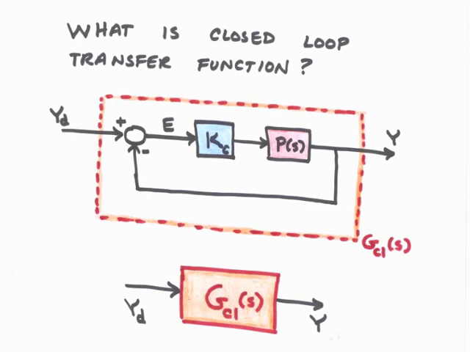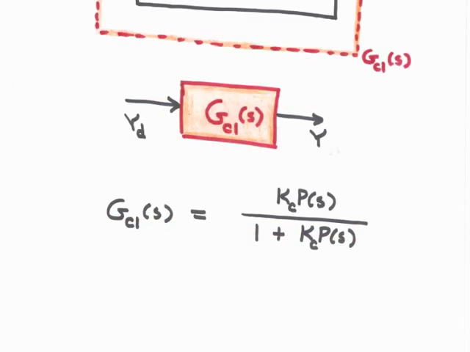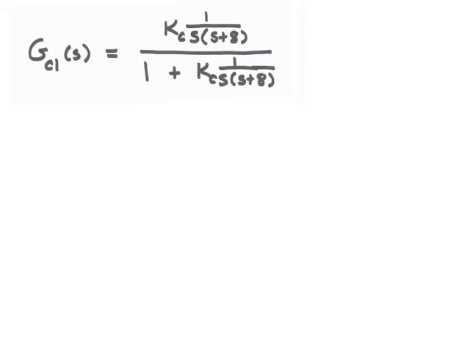Let's now find the closed-loop transfer function. This is the transfer function between Y sub d and the output Y, and it's given by K sub c times P of s divided by 1 plus K sub c times P of s. This transfer function is easy to find.